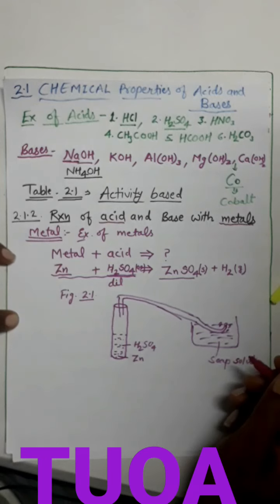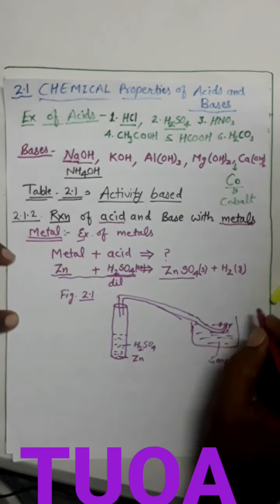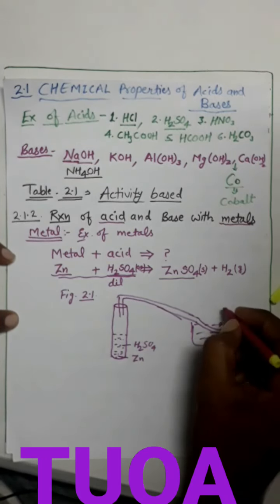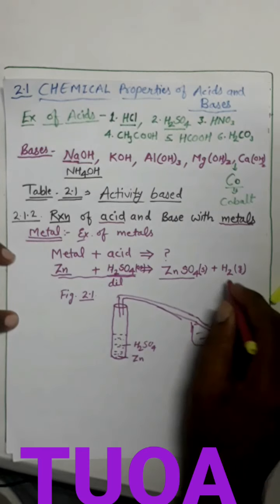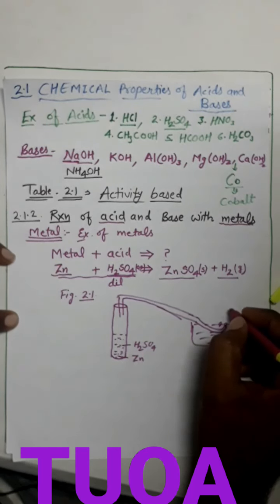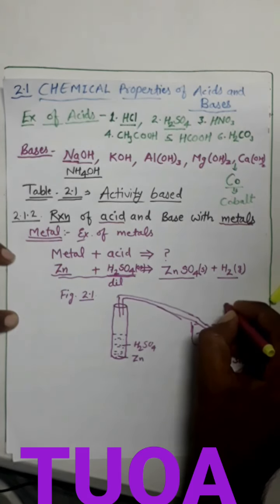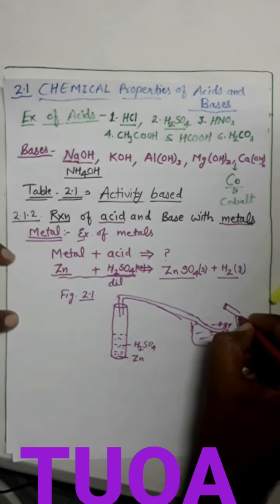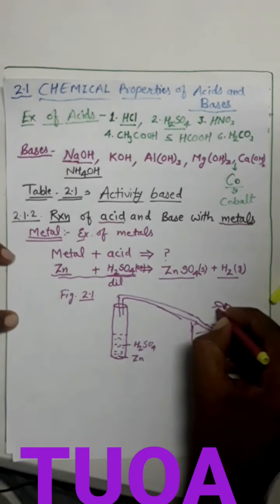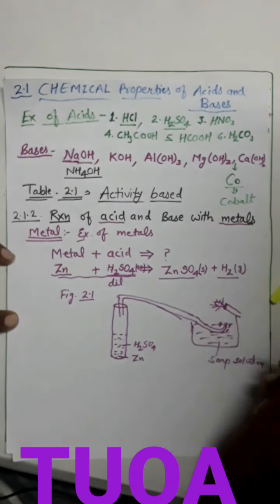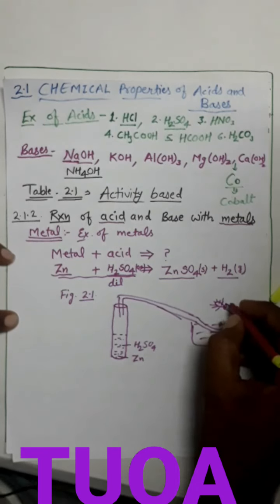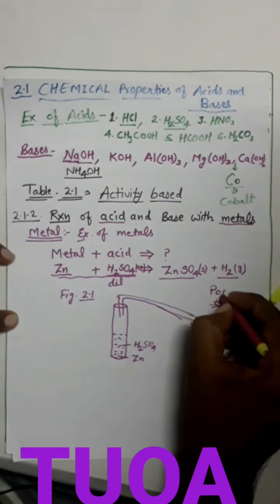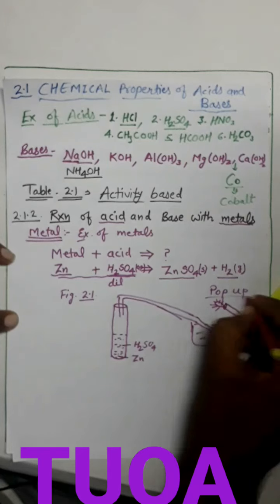These bubbles are because of the formation of hydrogen gas. When this hydrogen gas, the product of the reaction, is brought near a burning candle or matchstick, it produces a sound, and that sound is called the pop sound.